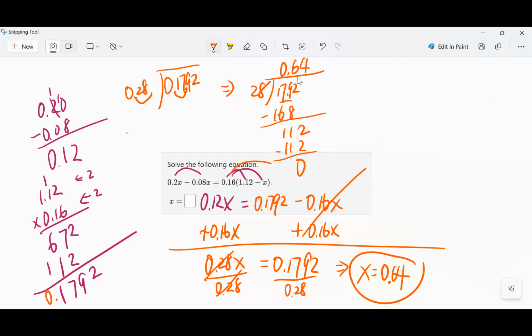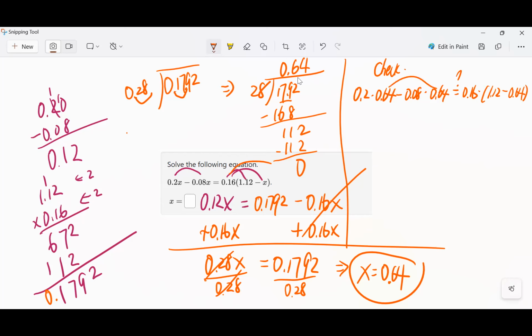We leave a little bit more space, so I'm going to move this a little bit. So 0.2 times 0.64 minus 0.08 times 0.64 equal to 0.16 times, we don't know yet, 1.12 minus 0.64. So if you want to save some time, right, you can factor out 0.64.